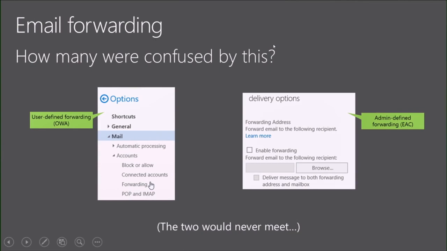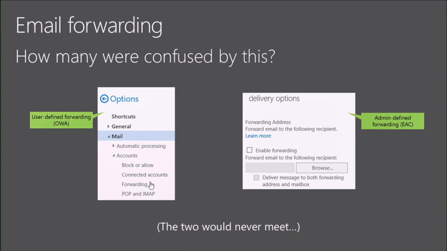Now, this is something that has been a lot of fun for many people, I believe. There was a time where we had user-defined email forwarding through Outlook web app, and we still have it. Then admins have this, if you knew exactly where to look and dig deep enough in Exchange Admin Center, you would have delivery options on a mailbox, and you would set email forwarding there.